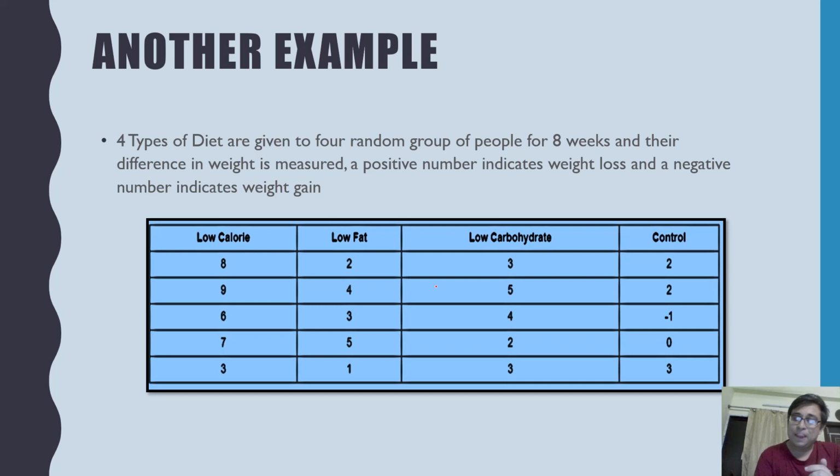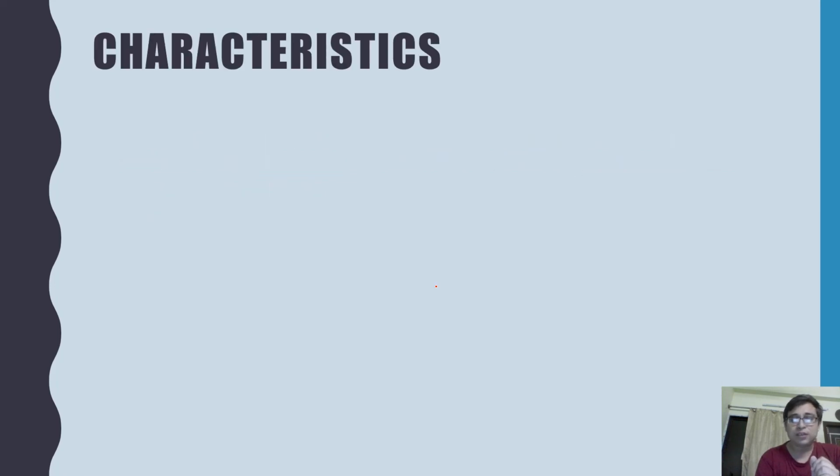Alright. Now, let's look at some of the common characteristics of these two problems that we discussed. In both cases, we were looking at a numerical variable, which in one case was IQ, and in the other case was the weight gain or loss. And we have one categorical variable. In one case, it was the student discipline, and in the other case, it was the different diet options.